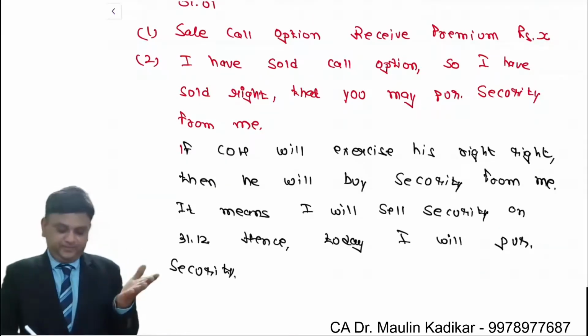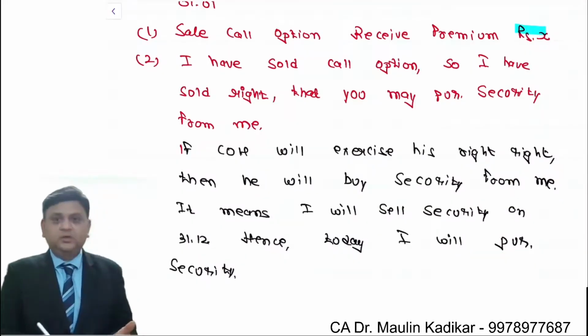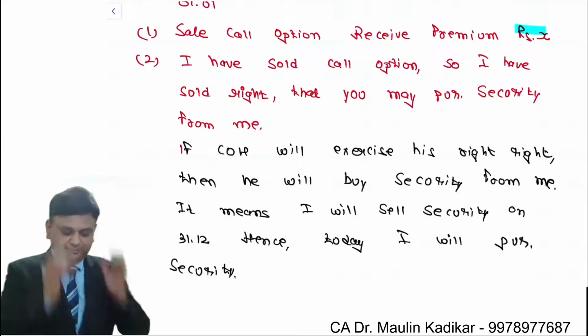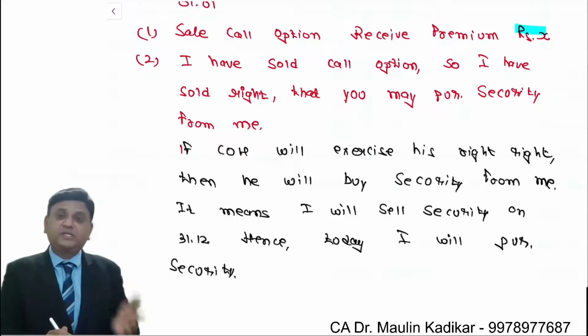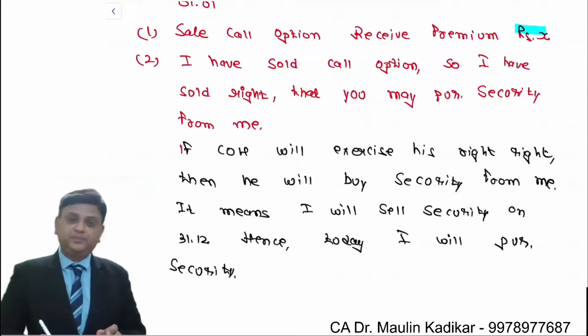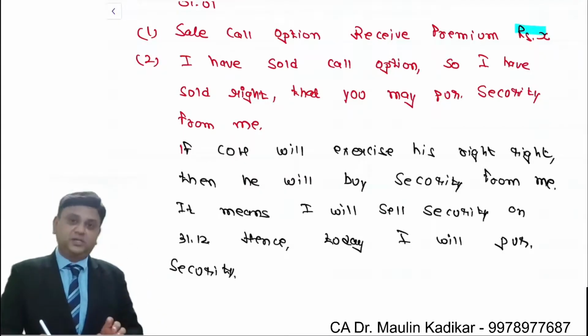See, I have sold a right and on selling the right, I received the premium of rupees X. I have sold the right that you may purchase security from me. The opposite person, the call option holder, when he purchases the security from me, at that time I will sell security.